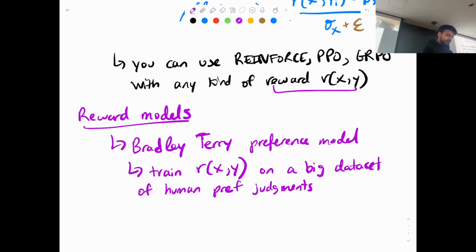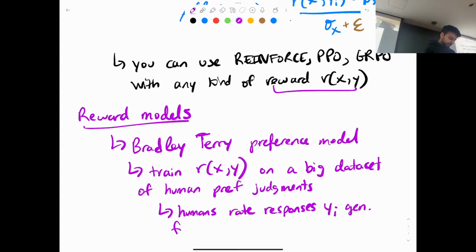Now, one question is, where do we get the responses that these human preference judgments are obtained upon? Ideally, the humans rate responses generated from the SFT'd model that we're training.